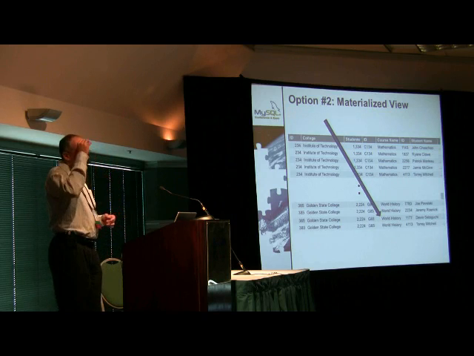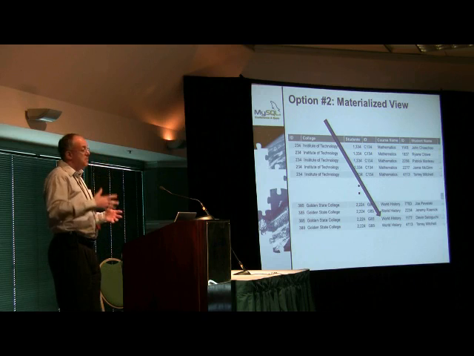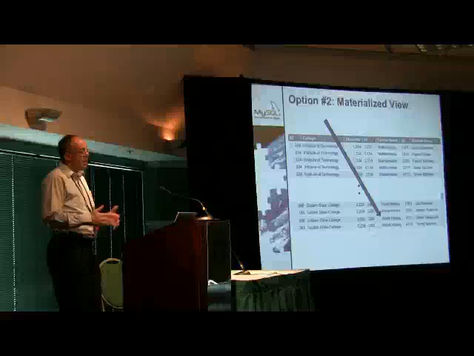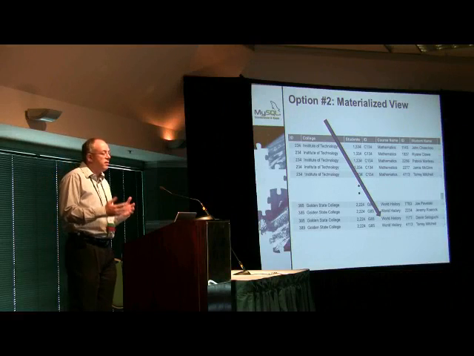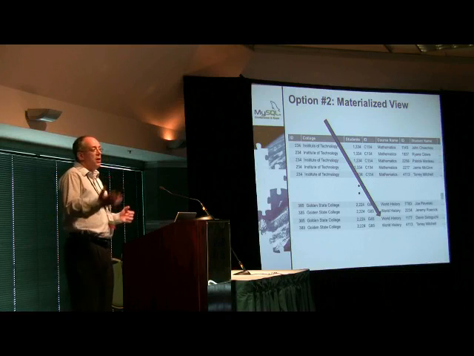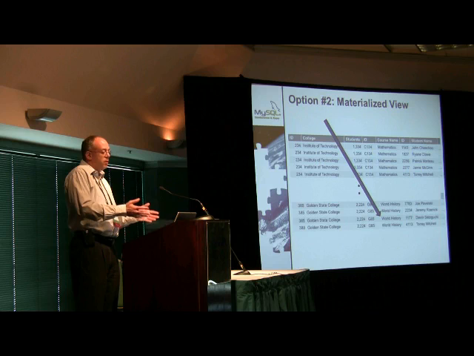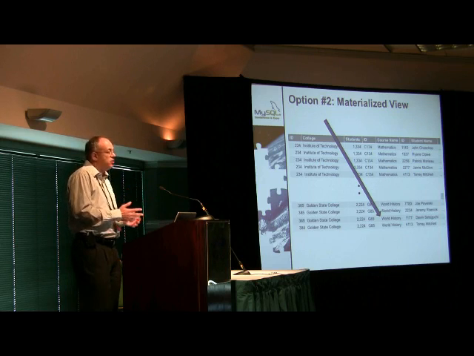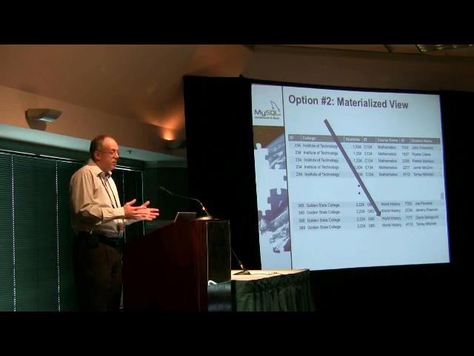The problem with this approach is that we obviously need to create a new table, the materialized table. And not only that, we have to synchronize this new table with the source table. So if I change a student address and it appears in the materialized view table, then I have to go there and make the change there as well.